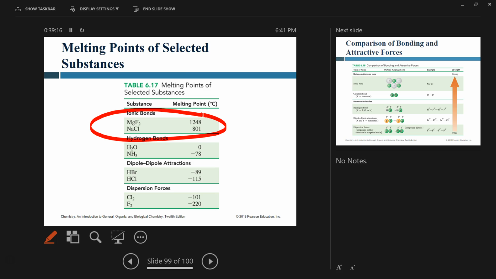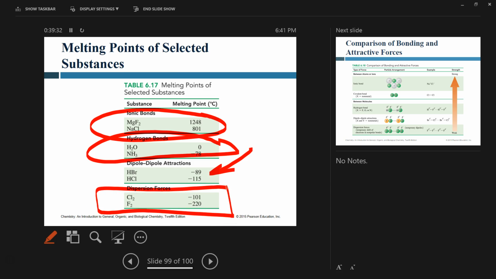Melting points for compounds with hydrogen bonds are kind of in the middle. Okay, that's dipole-dipole interaction, which is weaker than hydrogen bonding. And finally, dispersion forces. In order to get liquid chlorine, you need to cool it down to negative 100 degrees Celsius, which is pretty low. Does that make sense?